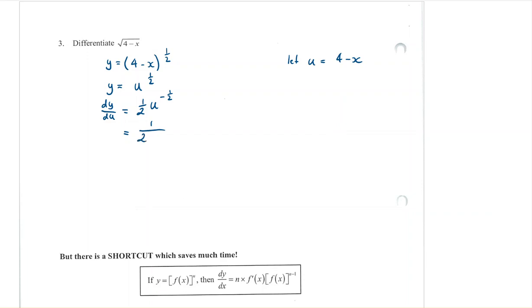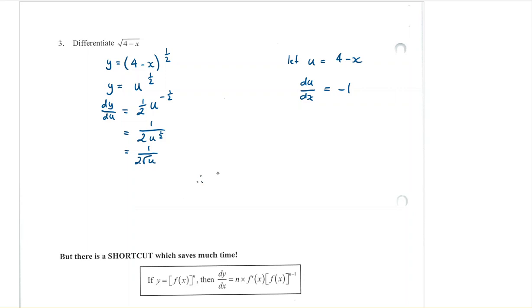The 2 is already there. U to a positive a half, or I could put that back in square root form, square root of u. Differentiating the u would be du over dx equals, the 4 is a constant which will disappear, so it's the negative 1 that's in front of that x, which will be my derivative.